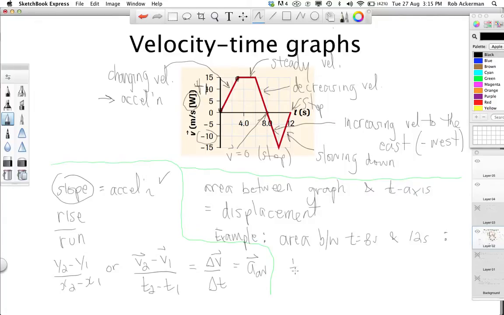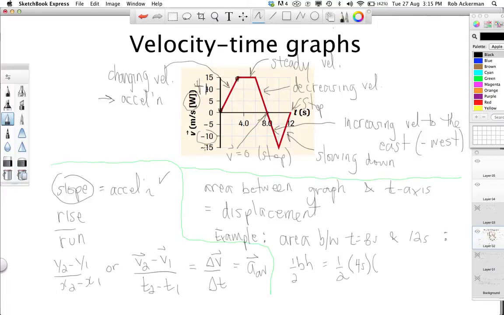What do we got? 1/2 base times height. That's a half. The base looks like it's about 4, and the units are actually in seconds. So it's 4 seconds across, and the height of this looks like it's about 15. But hold on, it's negative 15.